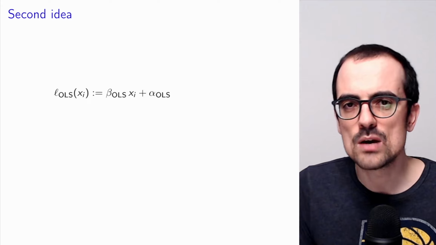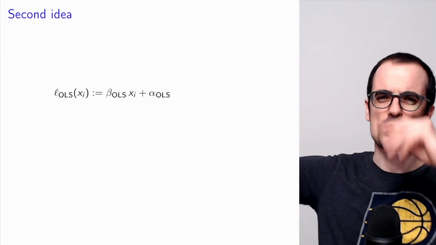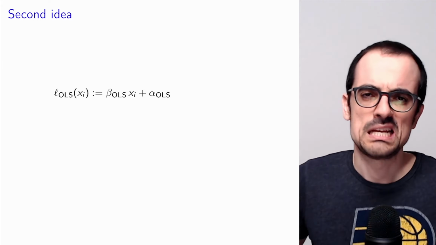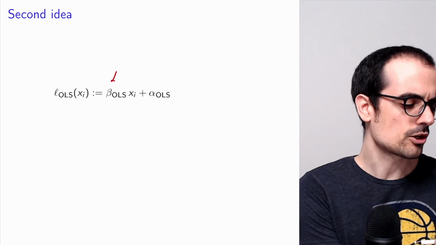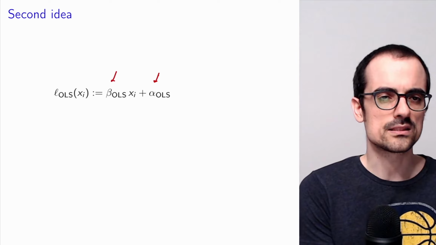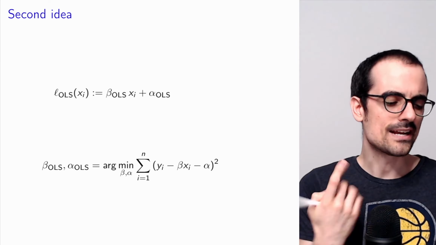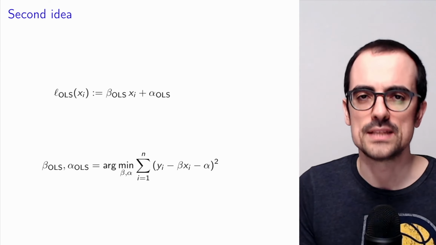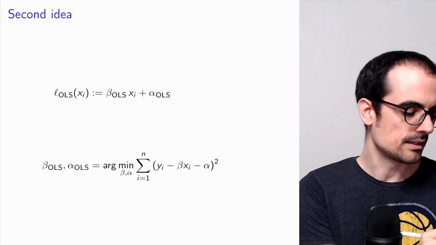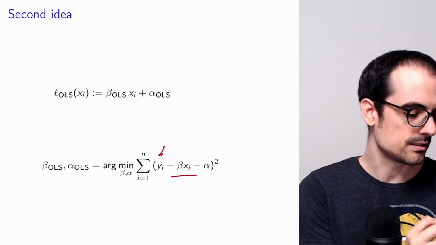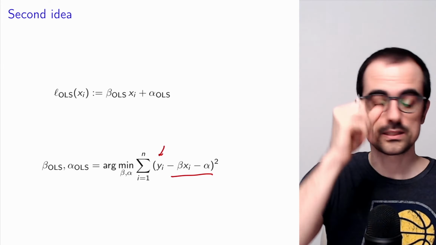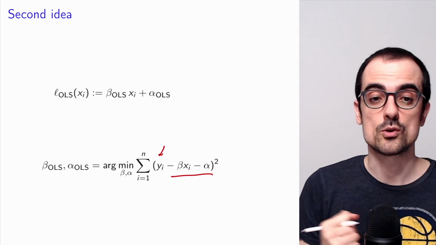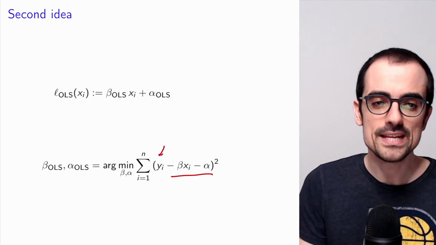Another possible idea would be to say, this stuff with random variables is very complicated. How about I just find a linear coefficient and an additive constant such that when I compute my squared error over my whole data set, the difference between the response and the estimate given by this multiplicative coefficient and the additive constant, that is minimum.